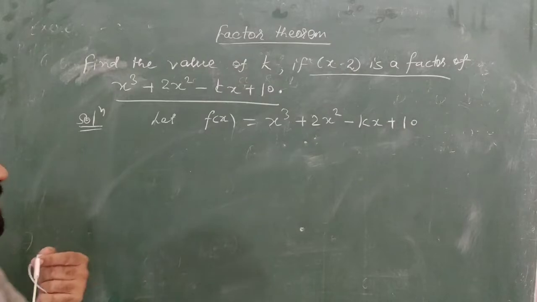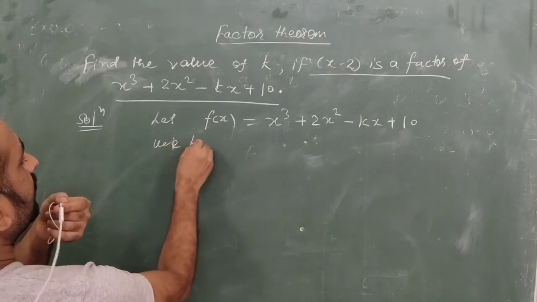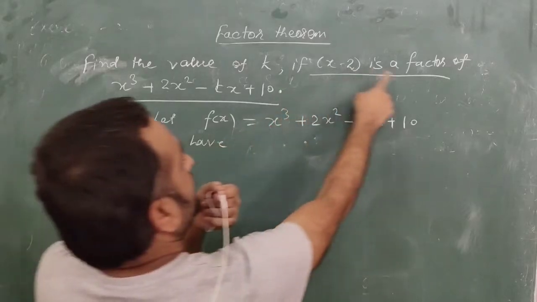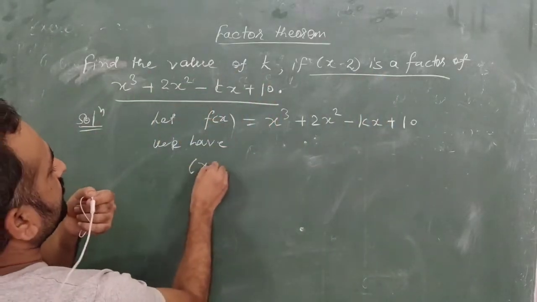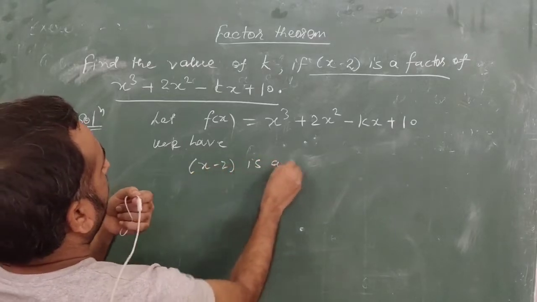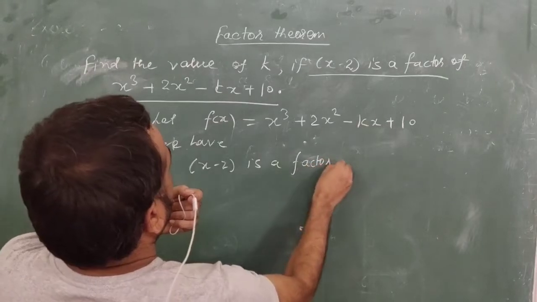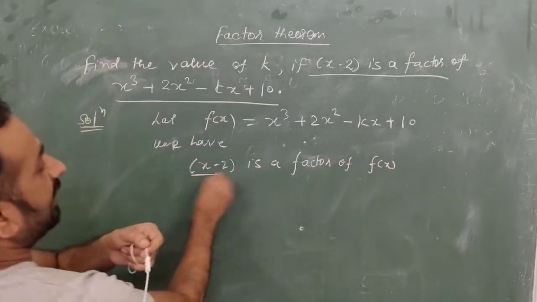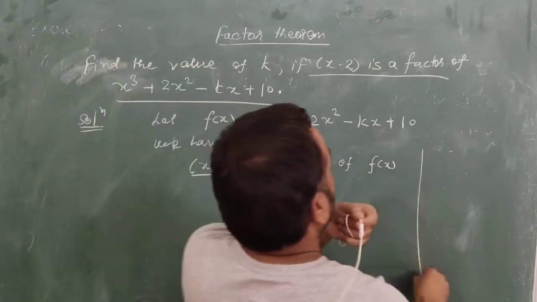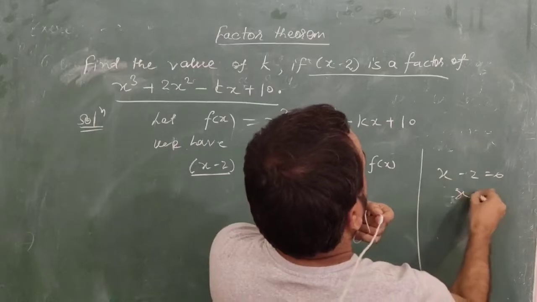And what is given? We have x minus 2 is a factor of this f(x). So we can decide that if x minus 2 is equal to 0, this means x is equal to 2.